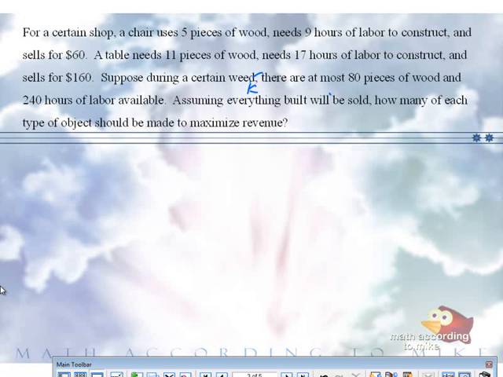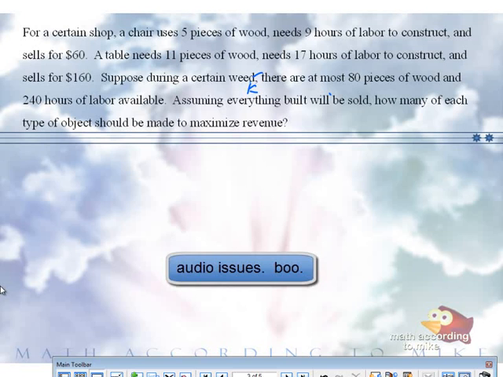But you have to do it under certain restrictions. Like, for instance, if there was an unlimited amount of wood and an unlimited amount of labor available, then it would only make sense that this shop only makes tables because they're going to sell for more money. But under these restrictions, is it feasible for them to make all these tables?